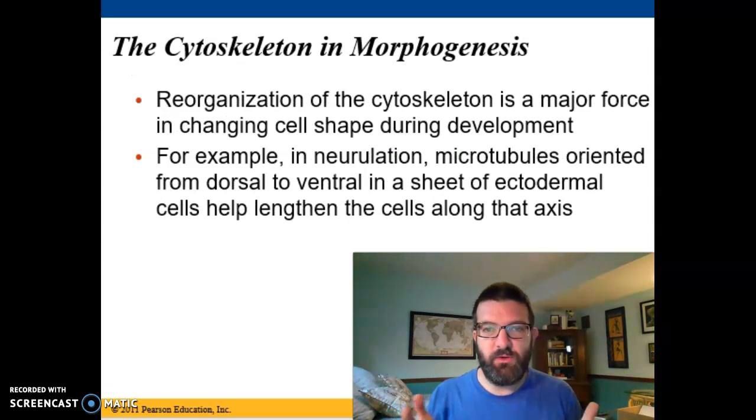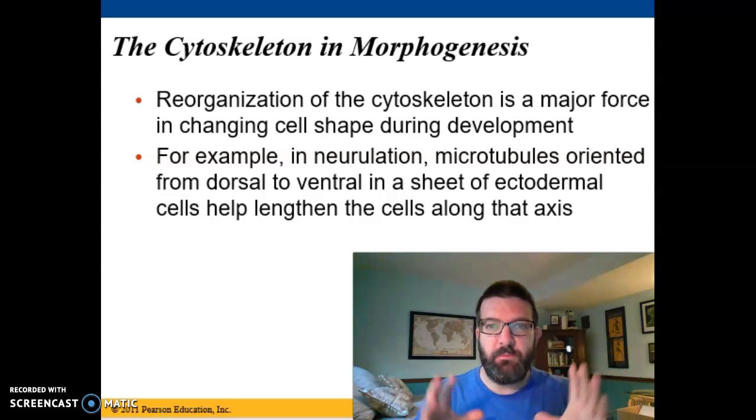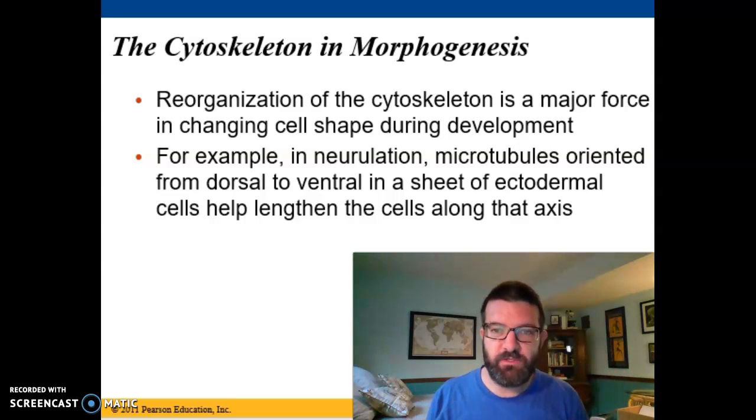And as these cells move and reshape during morphogenesis, during gastrulation and organogenesis, you might wonder, well, how do these cells do that? One of the main forces behind this is reorganization of the cytoskeleton within the cell to change its shape.